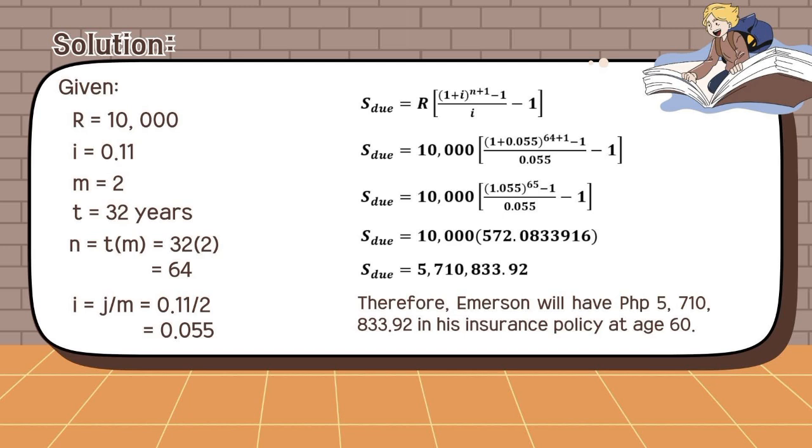If we multiply that, we get 5,710,833.92 pesos. Therefore, Emerson will have 5,710,833.92 pesos in his insurance policy at age 60.